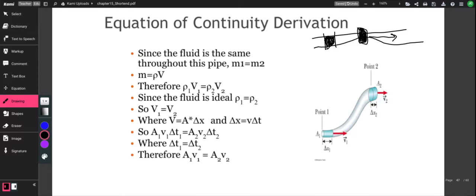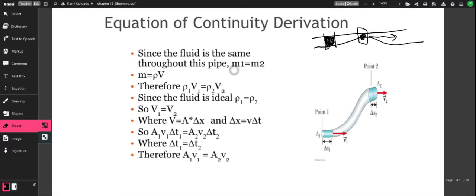Since over on the right we had that restricted area, that means we have to have faster moving water to get the same amount of water, same mass of water, through.